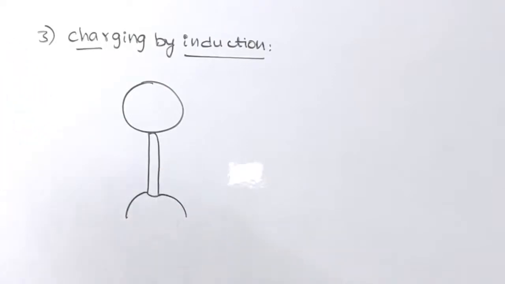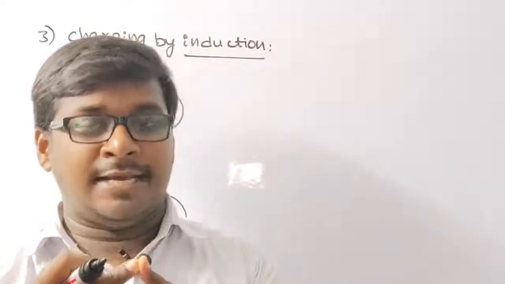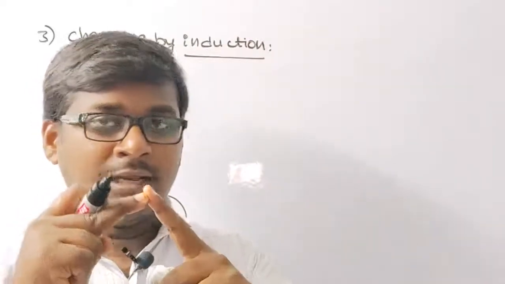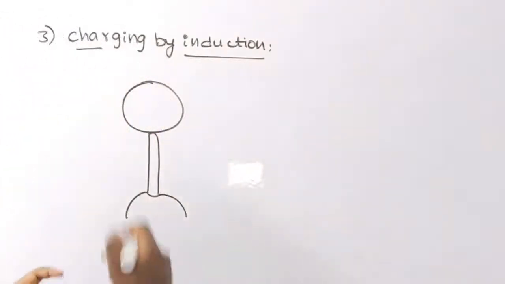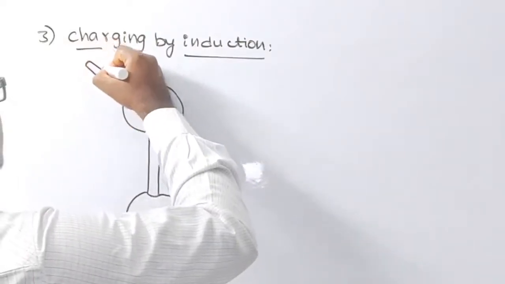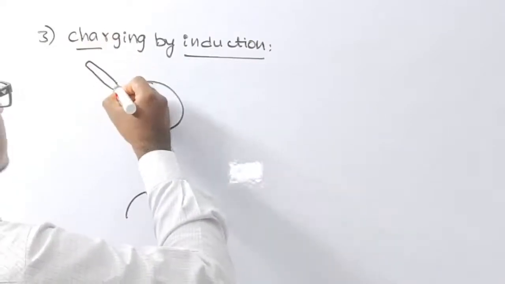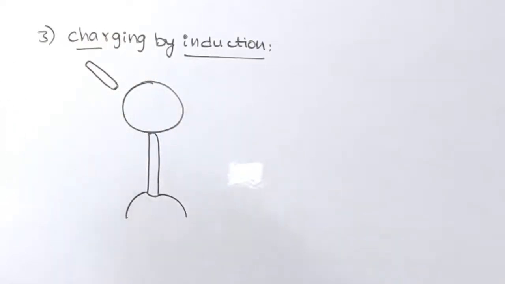But in the previous condition, charging by contact, the two objects are in contact. In this one, the rod does not touch the metal surface, like in this one.